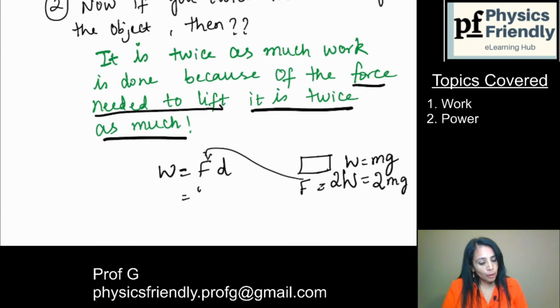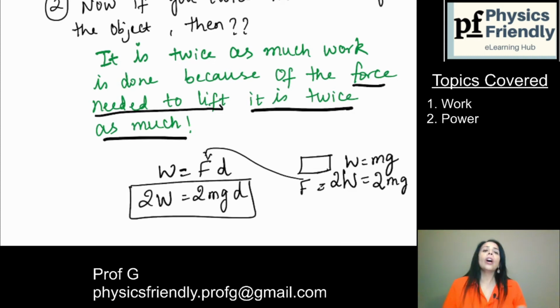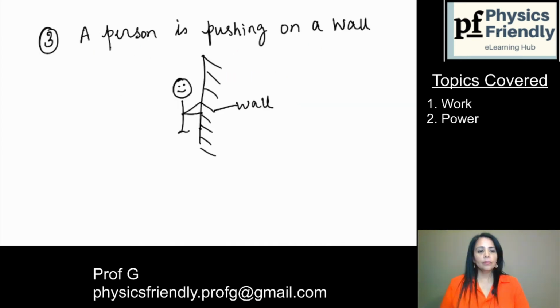That means 2 times mgd. So that results in twice as much work done on a given object. So whether we increase the mass or increase the distance that the object moves, it increases the work as well.